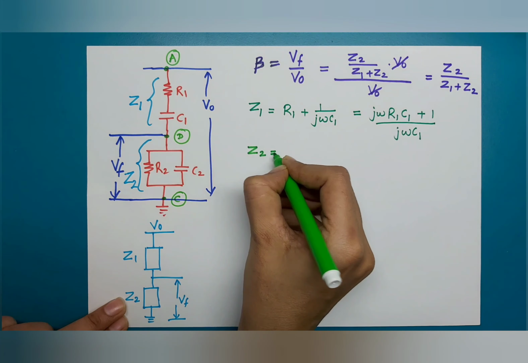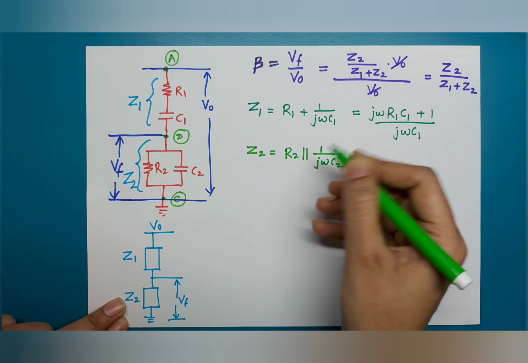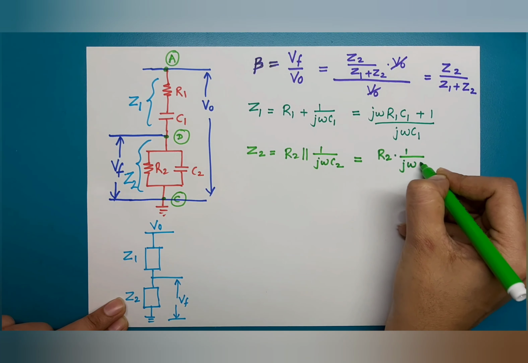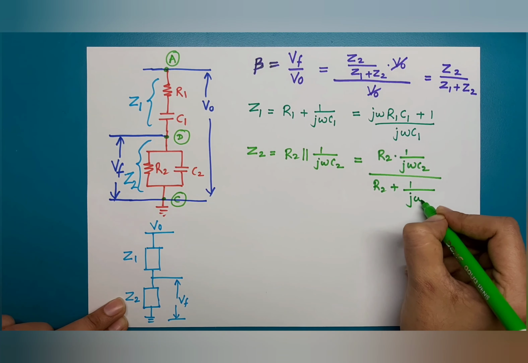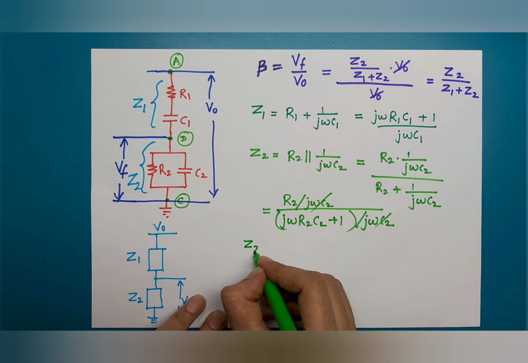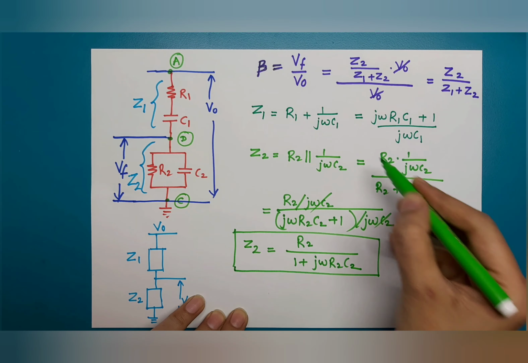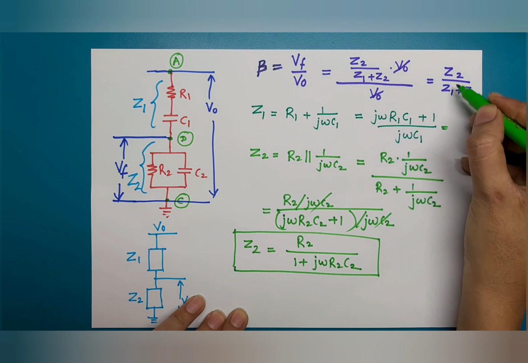Therefore, writing the impedance expression as R2 parallel to 1 by j omega C2, we get R2 into 1 by j omega C2 upon R2 plus 1 by j omega C2. So omega C2 will get cancelled, and we get the expression of Z2 as simply R2 upon 1 plus j omega R2 C2.